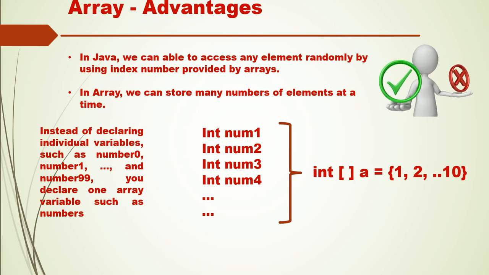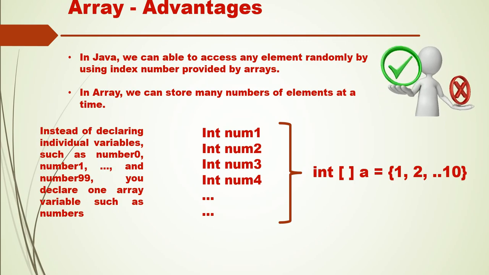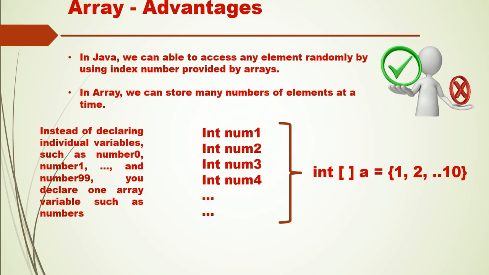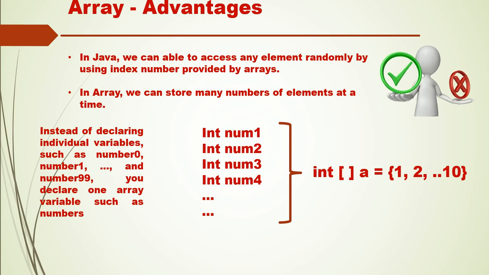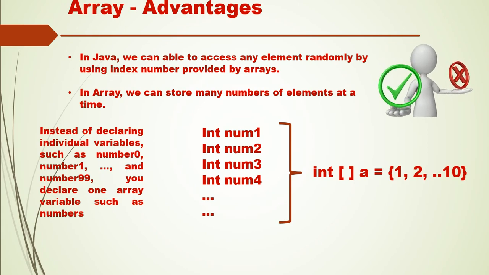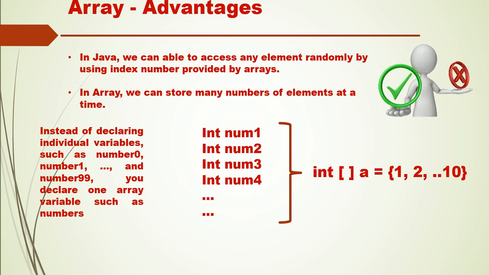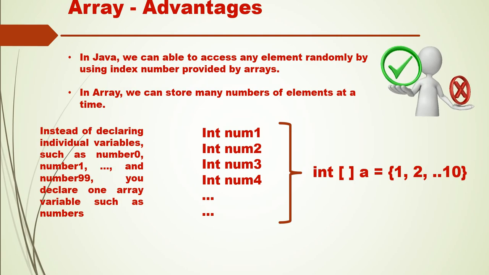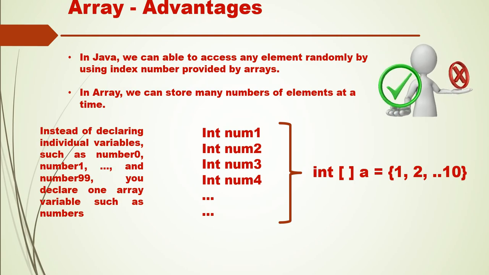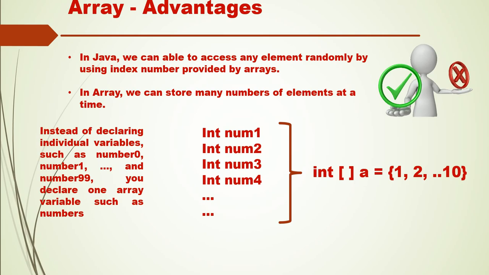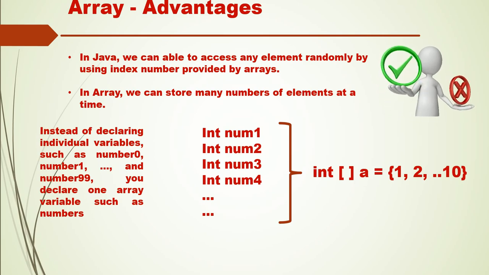And one more thing here, when you declare an array you can store multiple values of the similar type, and they will be stored at one place. But when declaring different variables, they will be stored in memory at different locations.